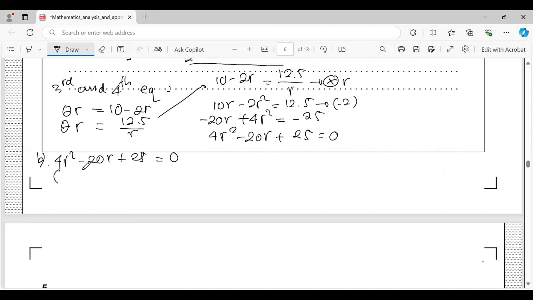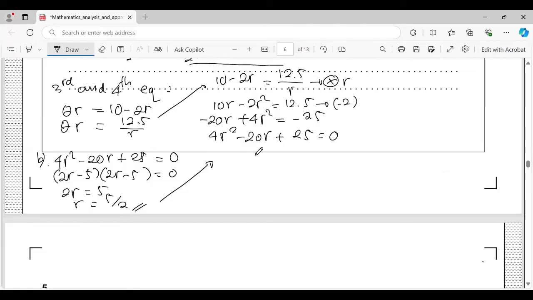If we factorize this, it's going to be (2r minus 5) squared equals 0. So 2r equals 5, r equals 5 over 2. This is r.